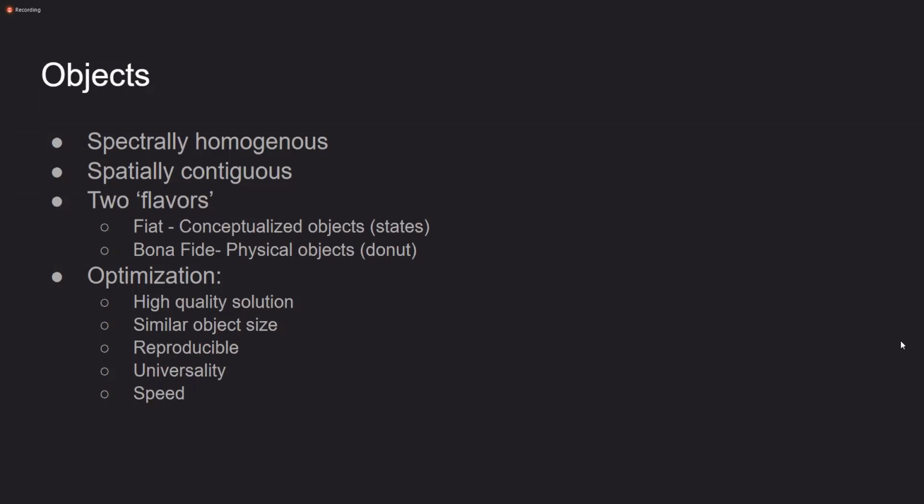We want to make sure that the objects we're extracting are similar in size. So for example, if we're extracting cars, we want a car as an object. We don't want some to be cars and some to be groups of cars all classified as an object. We'll talk about that a little bit more later on as well.